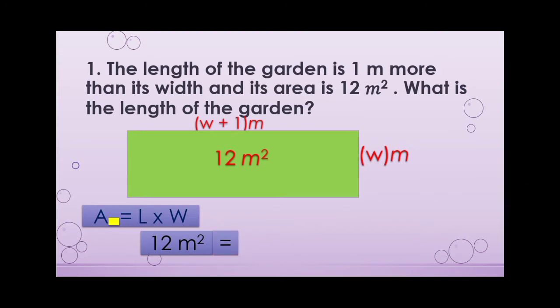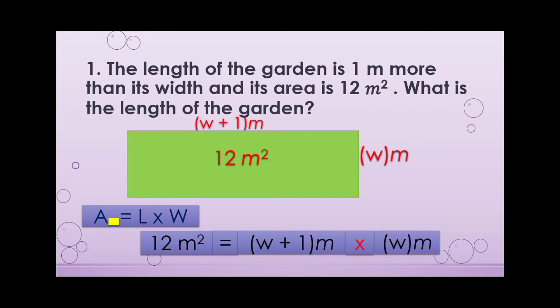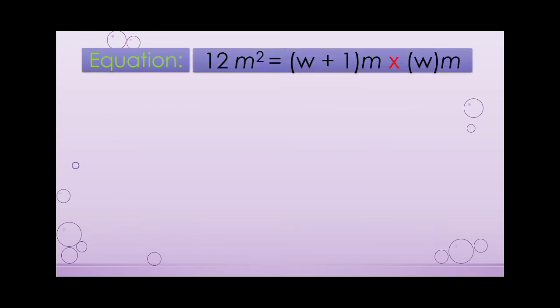And this is equal to the length, which is W plus 1 m times W m. Okay. So, let us now solve this equation. So, again, the equation is 12 square meters is equal to W plus 1 meter. And this is to be multiplied by W meter.